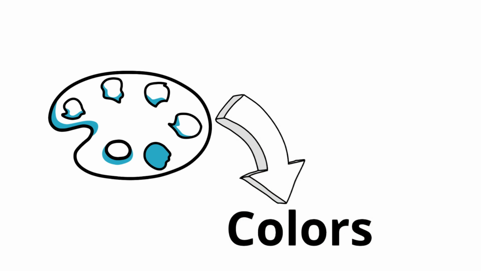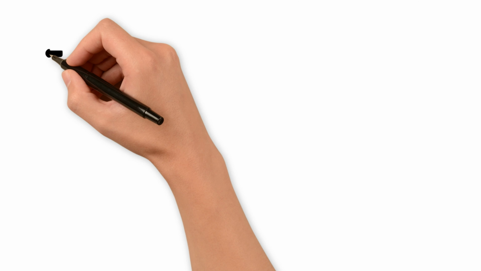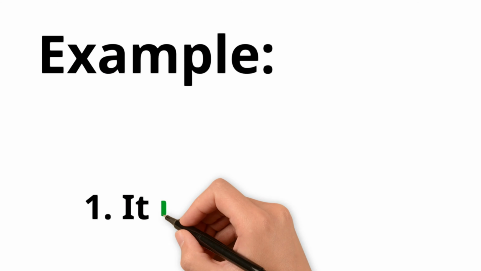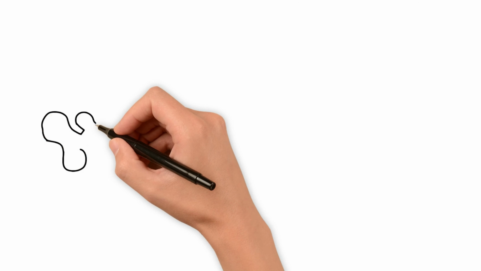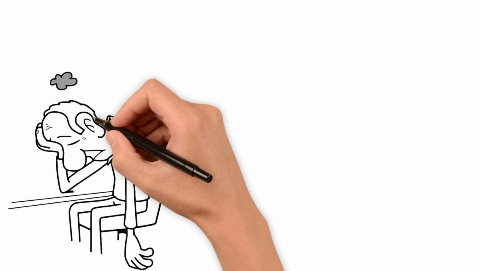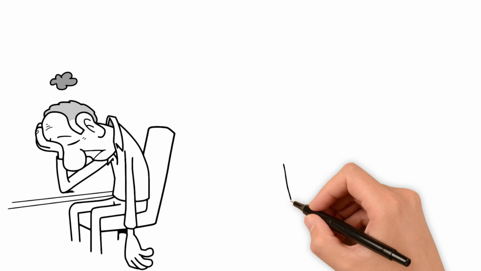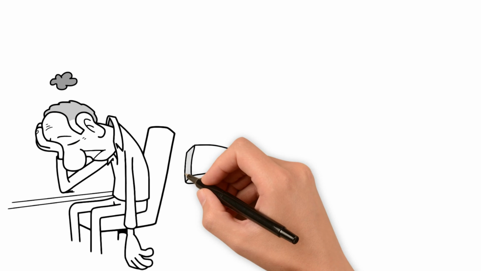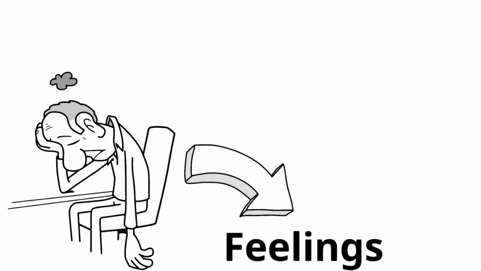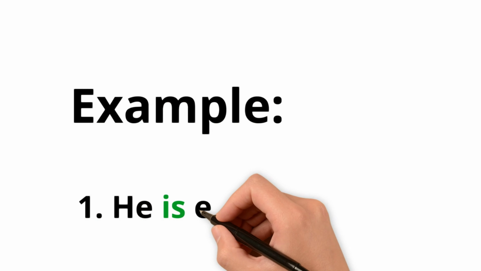Colors. For example, it is blue. Feelings. He is exhausted.